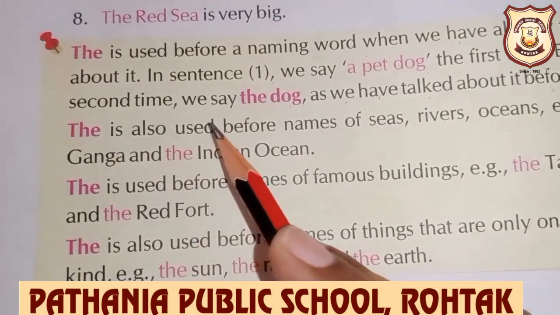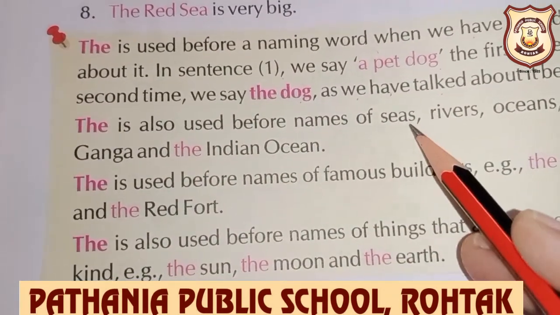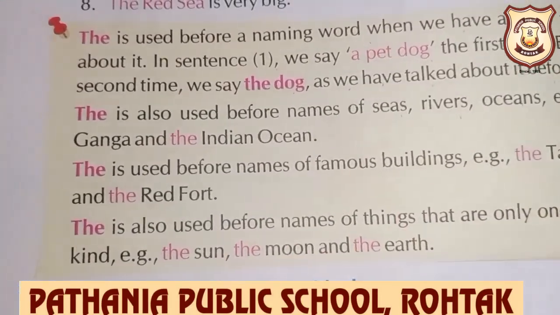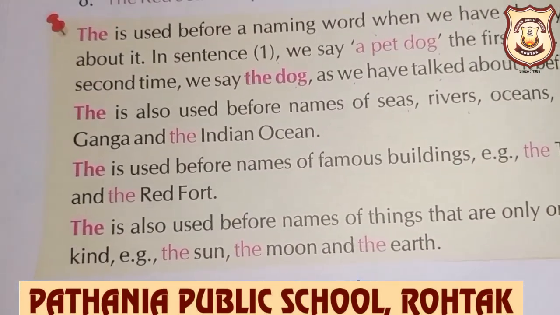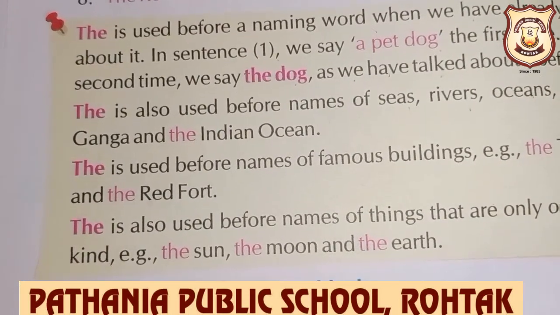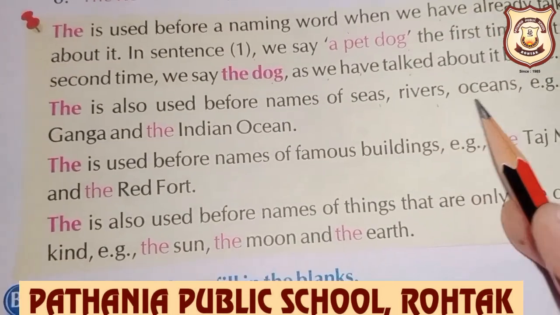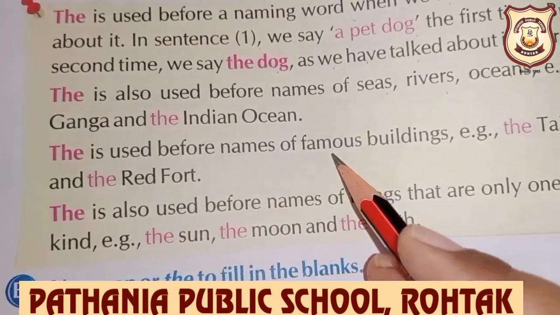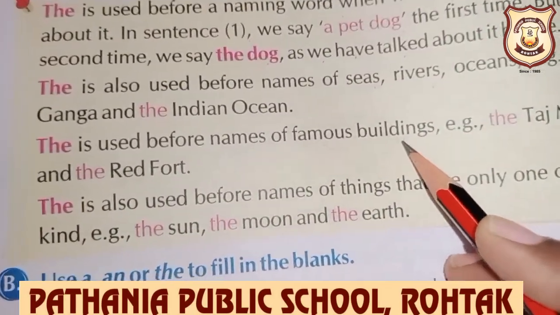The is also used before names of seas, rivers, oceans. Example, the Ganga and the Indian Ocean. The famous seas, rivers, oceans. The is used before the name of famous buildings or famous monuments.